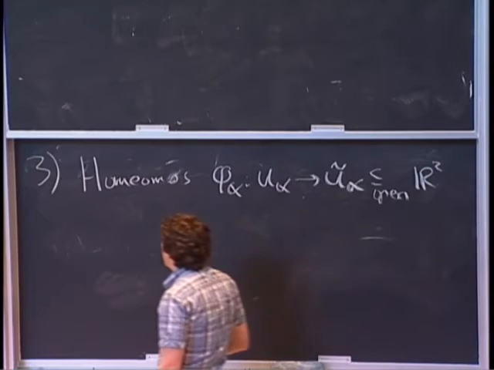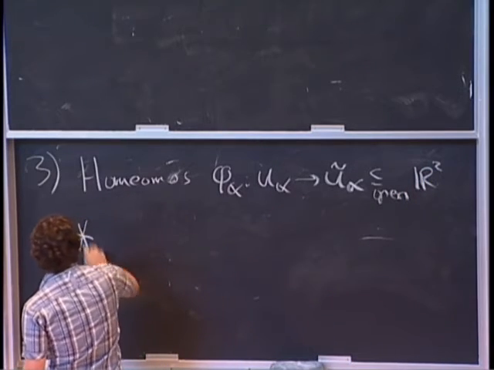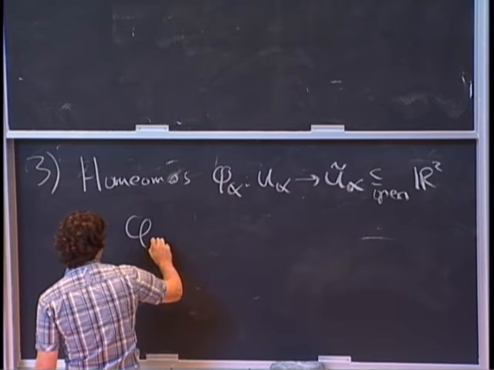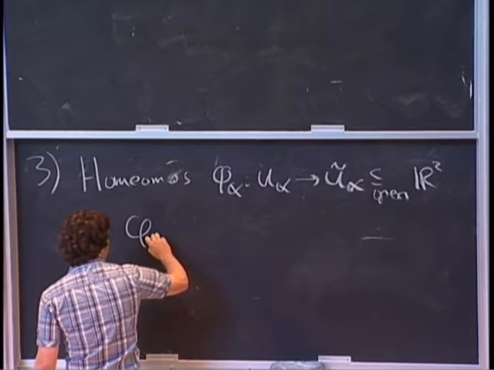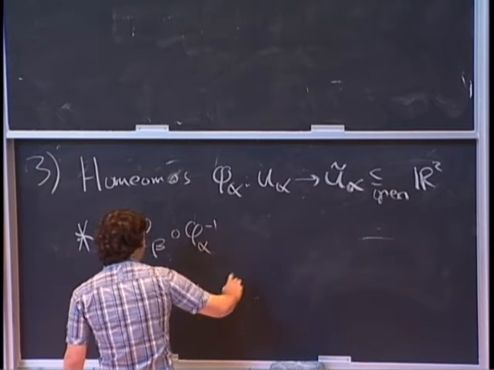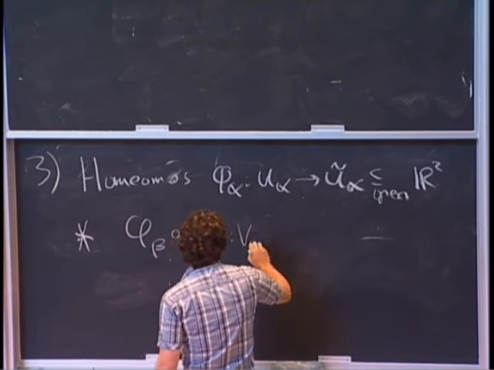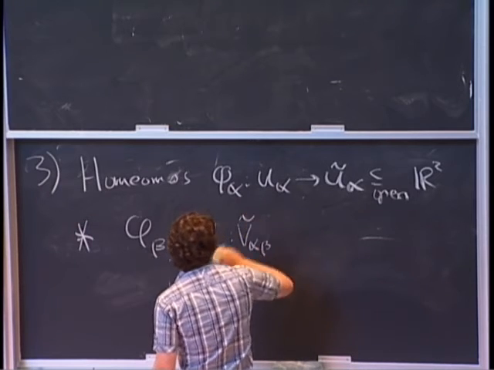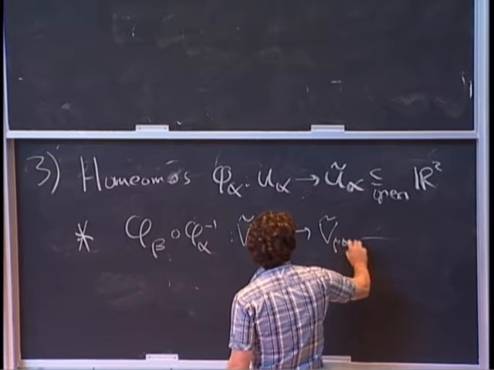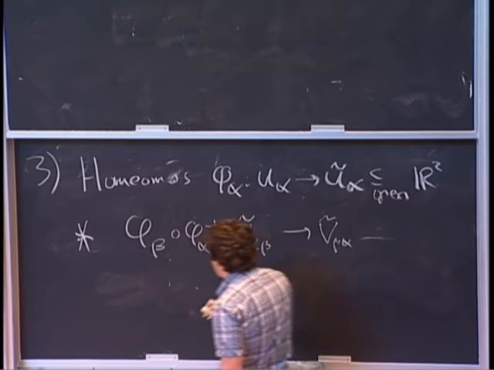And the condition that is going to be very important, and we'll come back to this, is that if we look at these so-called transition maps, which is phi beta composed with phi alpha inverse, which take certain sets, these are supposed to be our smooth maps.